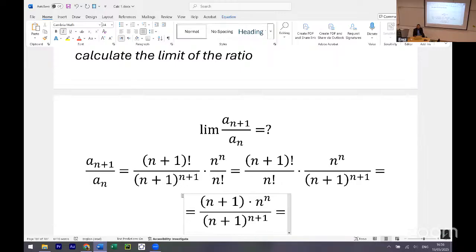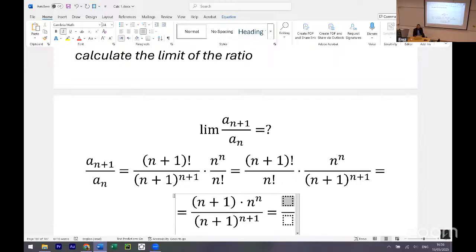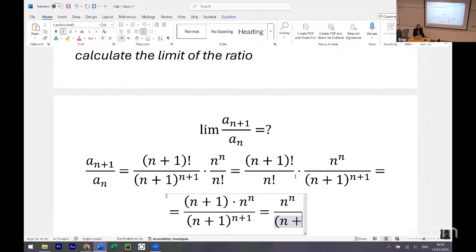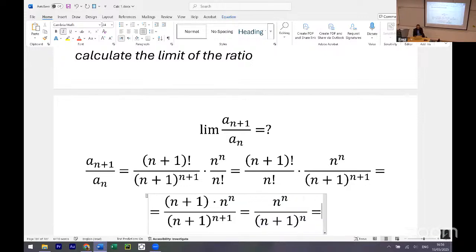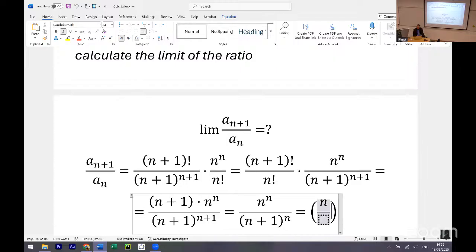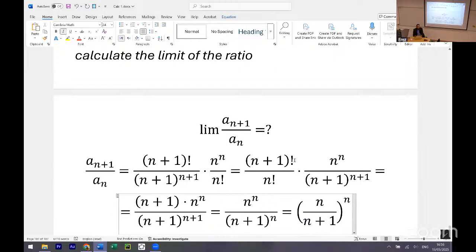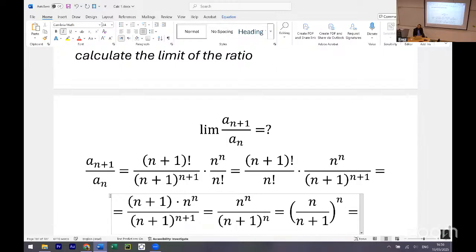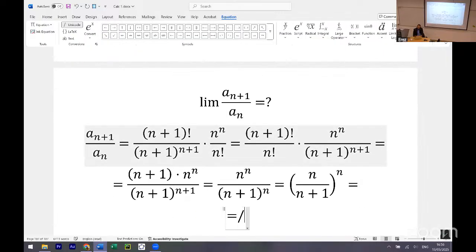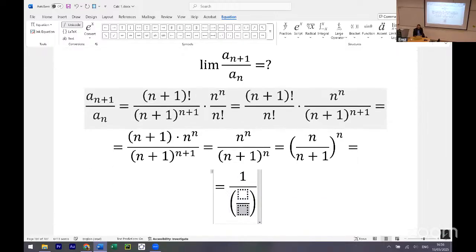Which is n to the n over (n+1) to the n, which is (n over n+1) to the power of n, which is 1 over ((n+1) over n) to the power of n.